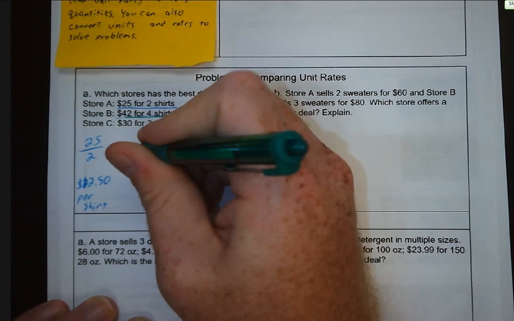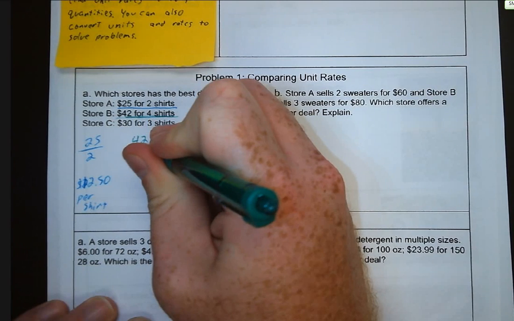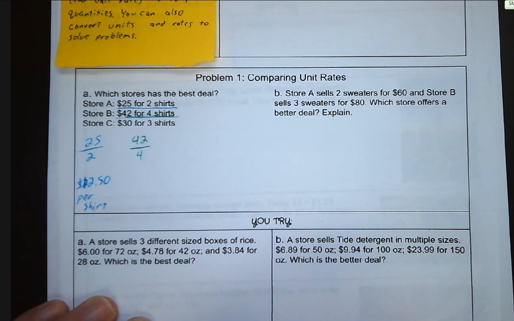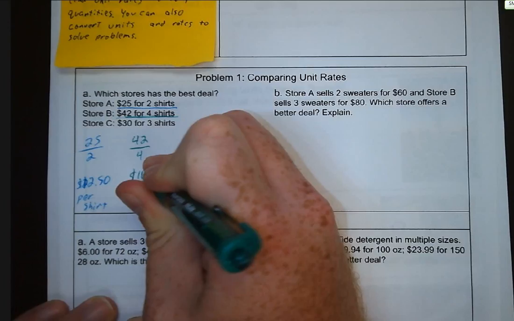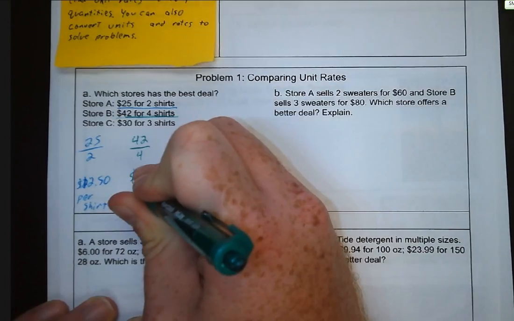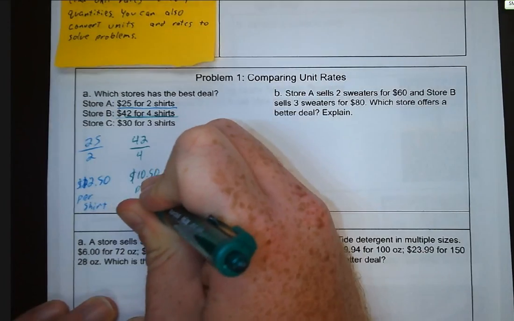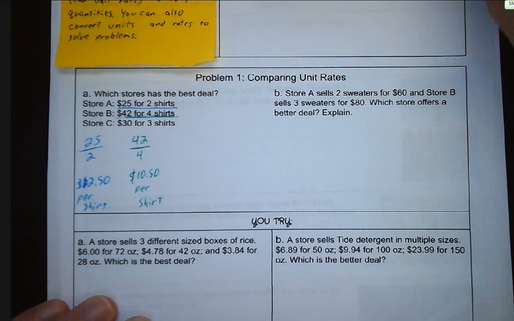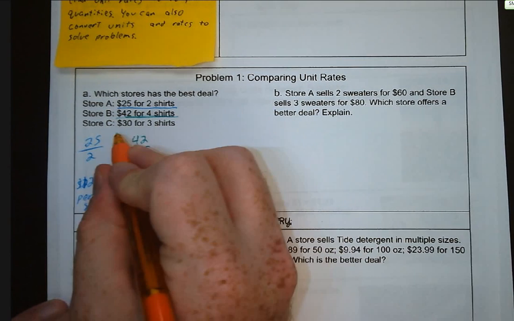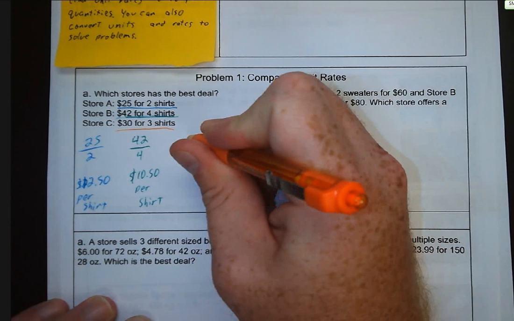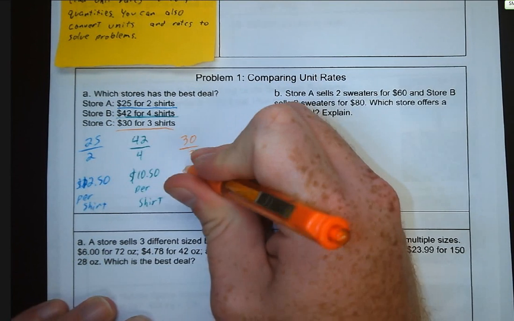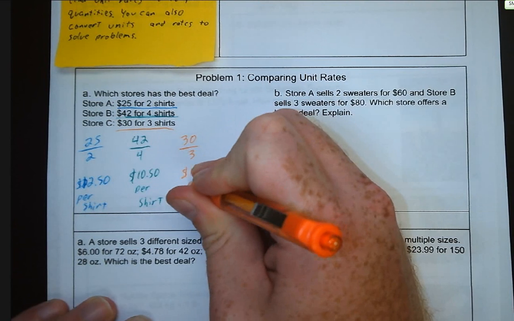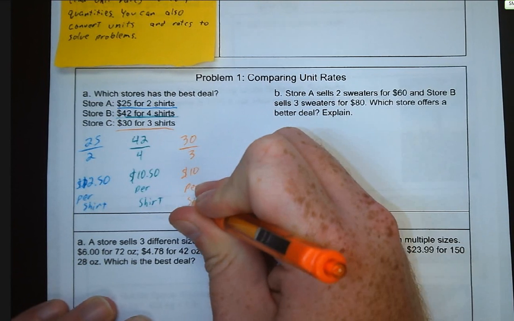So I do $42 divided by 4 shirts. 42 divided by 4 is going to be $10.50 per shirt. Lastly, we have Store C, which is 3 shirts for $30. 30 divided by 3 is going to be $10 per shirt.